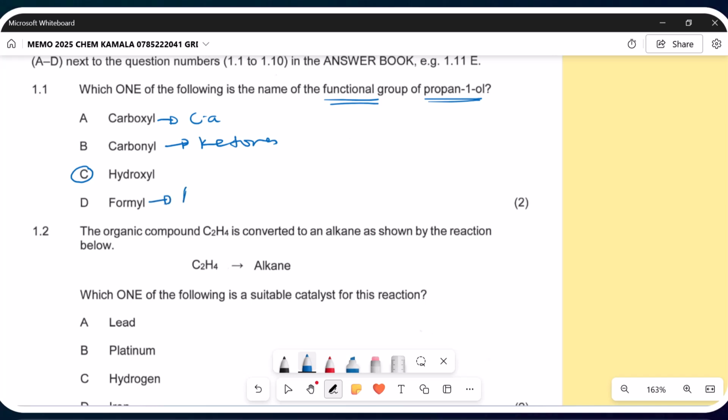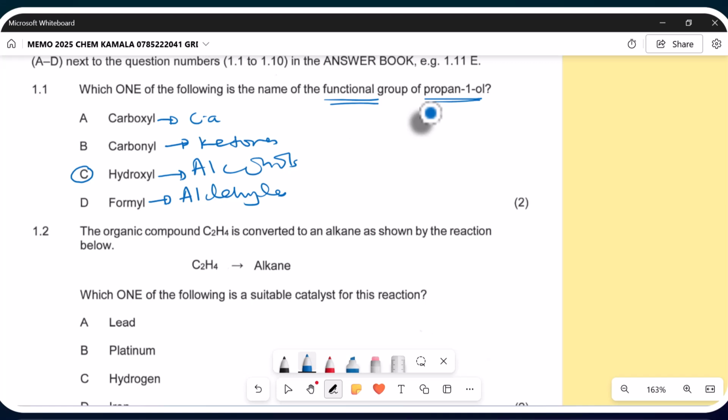So please know your theory. When we're naming alcohols, we end with the OL, propanol. That's what the answer is.